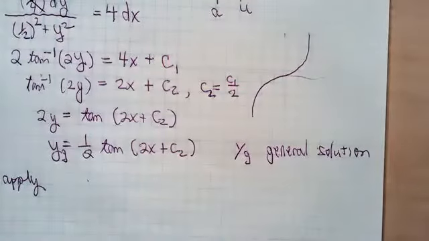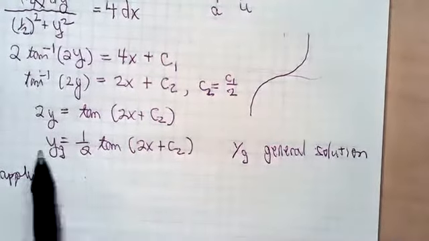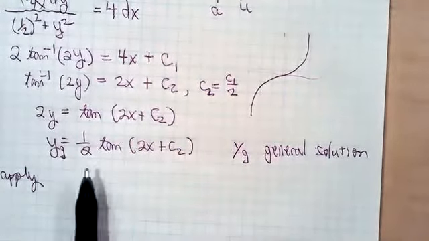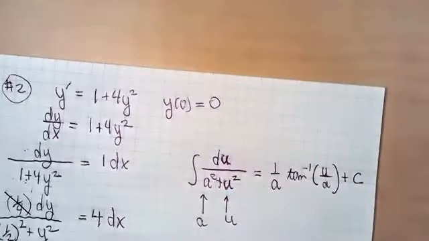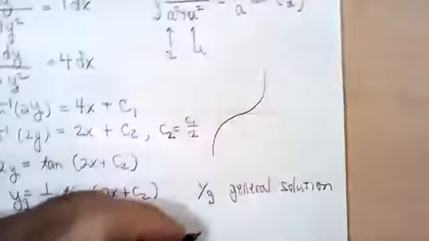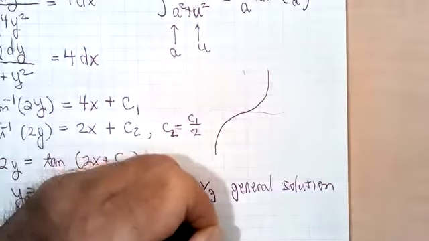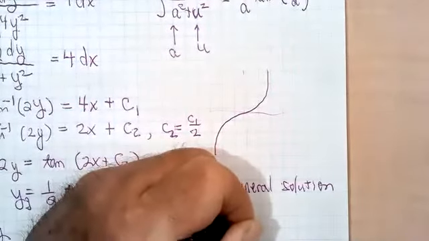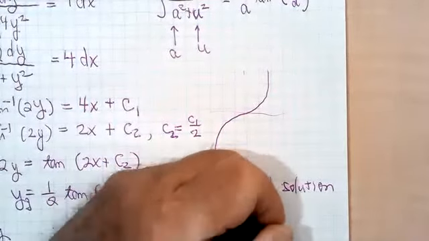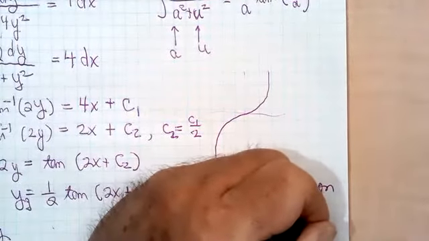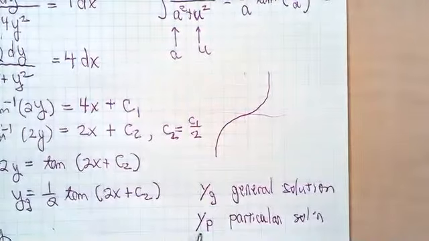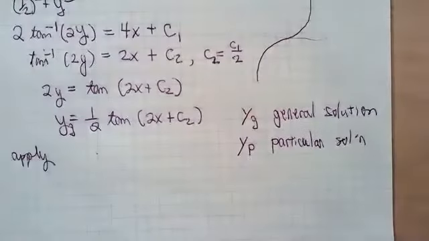And this is a whole infinite family of curves, right? So to find the solution that has this property, you're looking for the particular solution, and cleverly enough, that's usually labeled as y sub p.